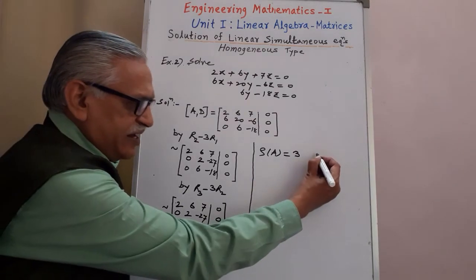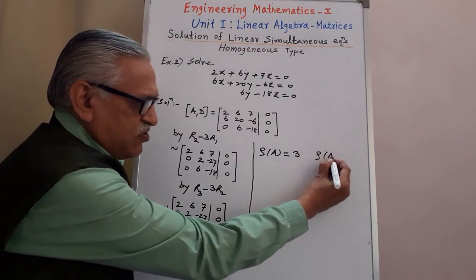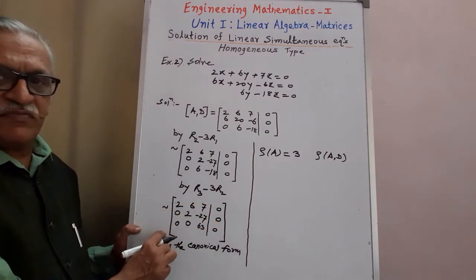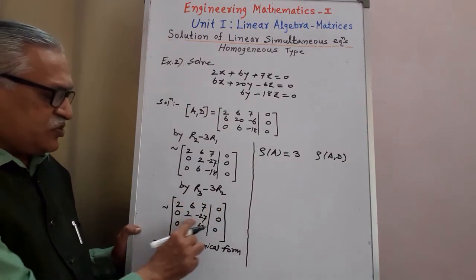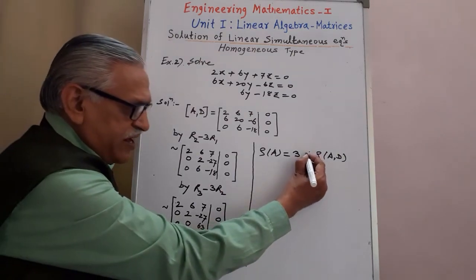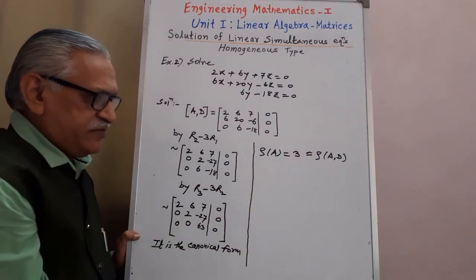Then we determine the rank of the augmented matrix, the complete matrix. First row non-zero, second also non-zero, third is also non-zero. Therefore, the rank of that matrix is also 3.